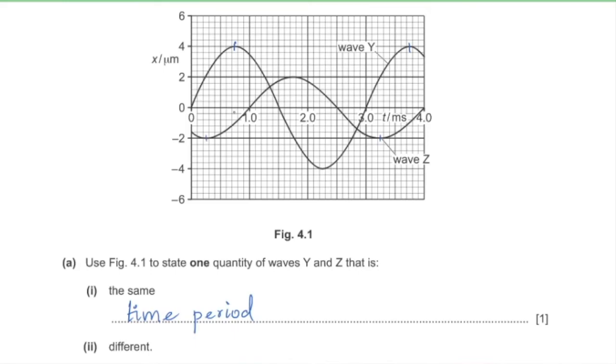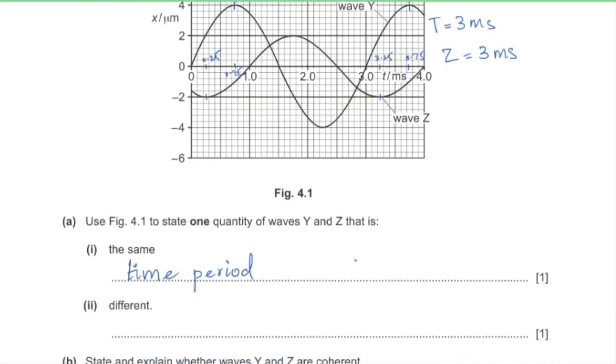This one over here is 0.75, while this one over here is 3.75. The difference between them is 3 milliseconds, and the time period for wave y is 3 milliseconds. And that of z is, again, this is 0.25 and this is 3.25. The difference between 3.25 and 0.25 is also 3 milliseconds. So they have got the same time period.